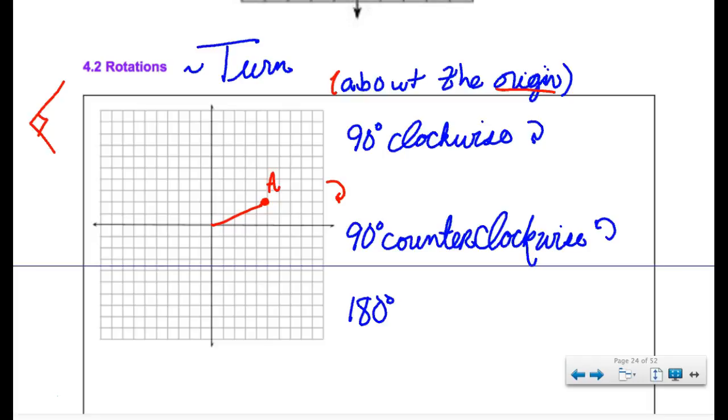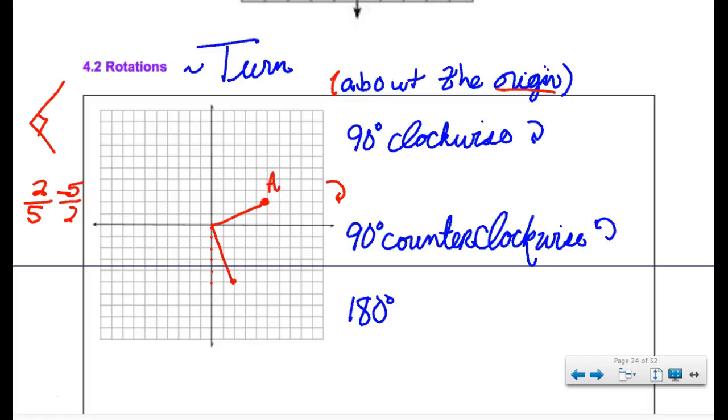We've talked about that, I believe, in another section. The slope of this line is 2 over 5. Its reciprocal would be 5 over 2, and if I flipped it, that's what I'd have. So if I go down 1, 2, 3, 4, 5, and over 2, I get this new point.